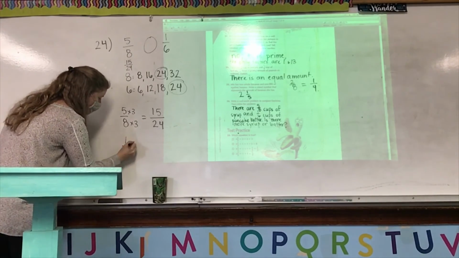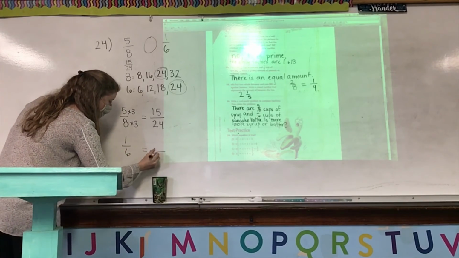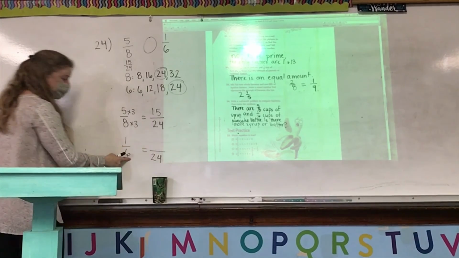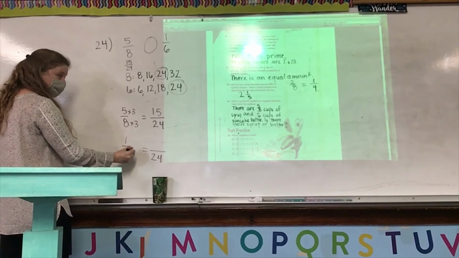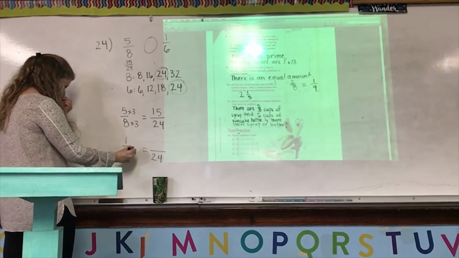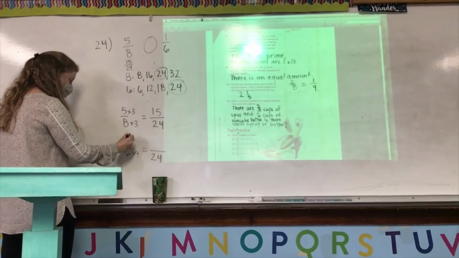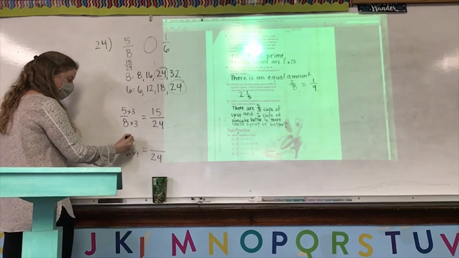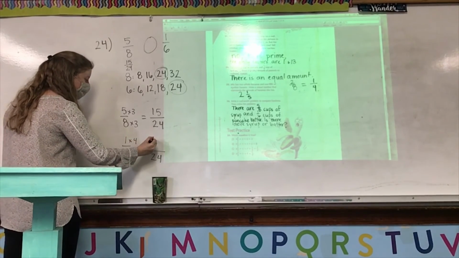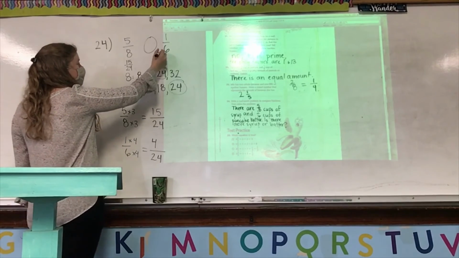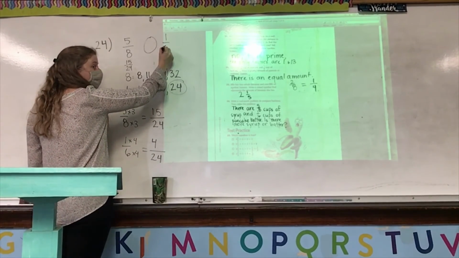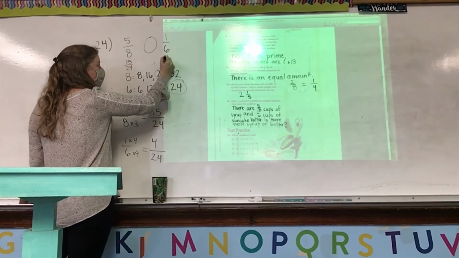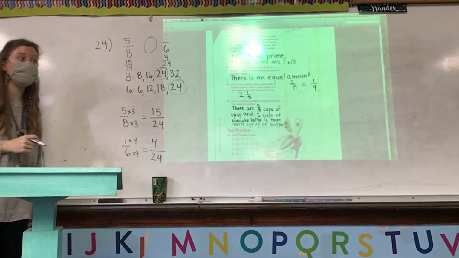Now we need to change 1/6. What do we do to 6? We multiply it by 4. So what do we do to our numerator? Multiply it by 4. 1 times 4 is 4. So 1/6 is equivalent to 4/24.